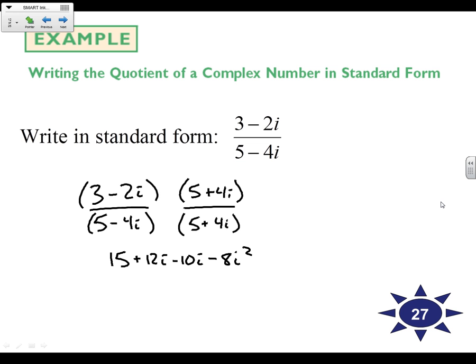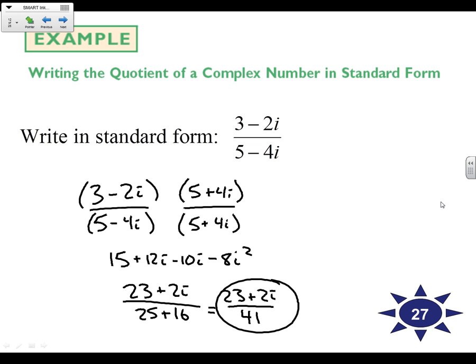That'll turn into a plus 8. So 23 plus 2i all over 25 plus 16, which is 41. So 23 plus 2i all over 41. All right, 27. Try that one.